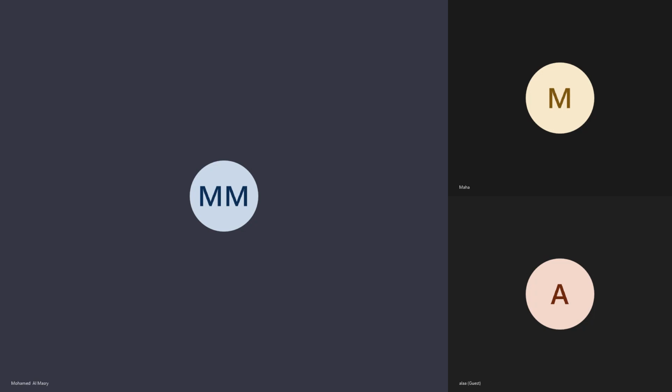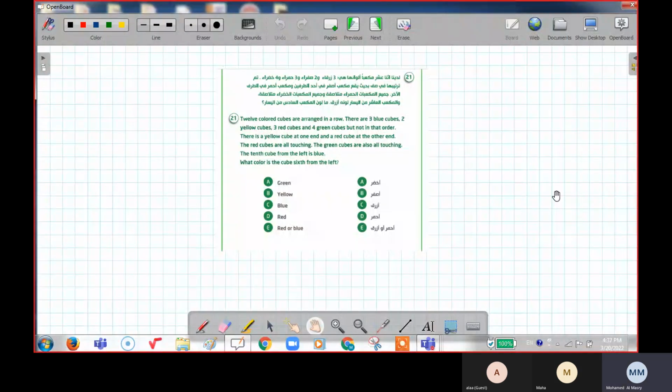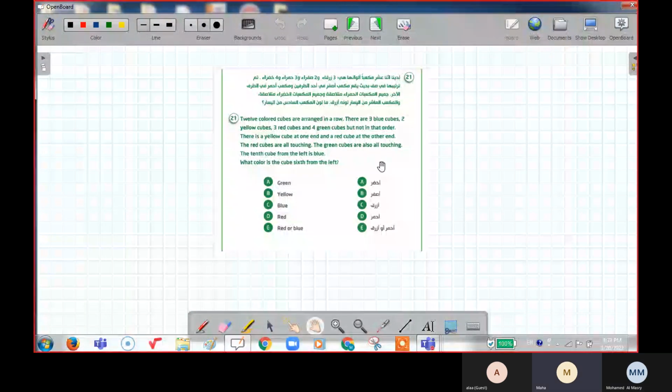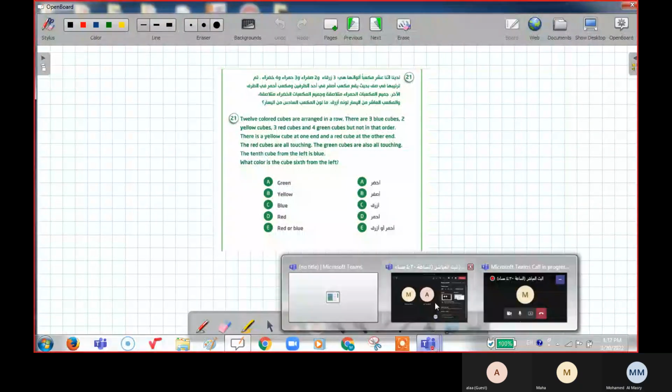Share all my screen. This. Now. Maha, do you see now number 21? Teacher, now it's clear. Now it's clear, okay. Problem in Microsoft Teams.